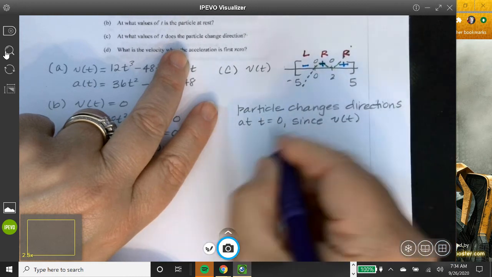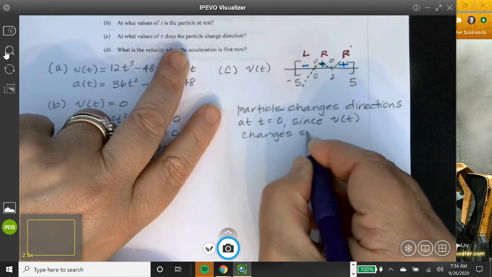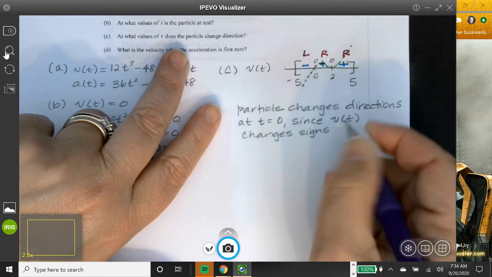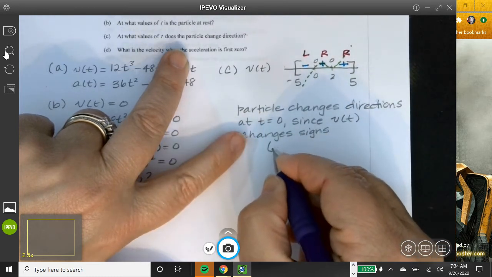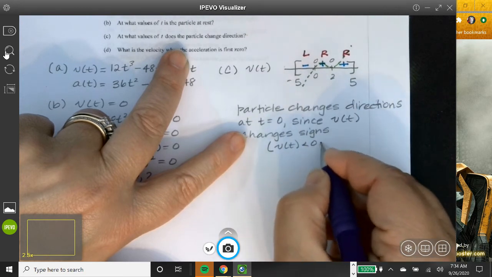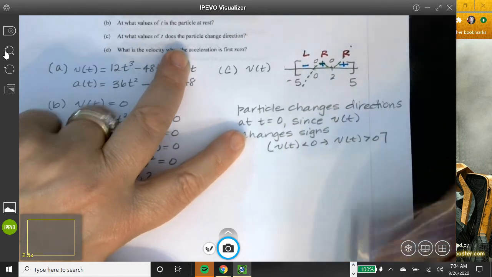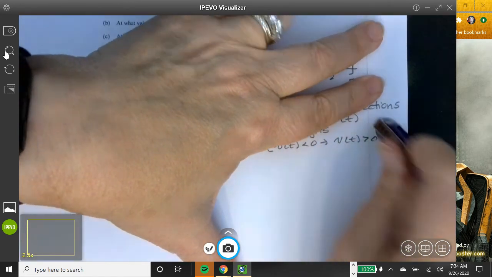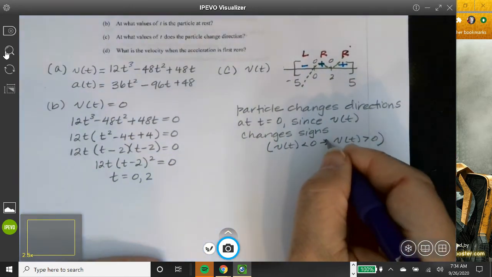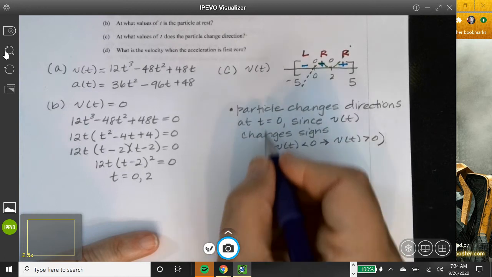V of t changes signs. And sometimes I like to state that V of t was less than 0, and then it went to V of t greater than 0, right? I like to show the sign change. And this is an arrow. All right, so we know that the particle changes directions at t equals 0.